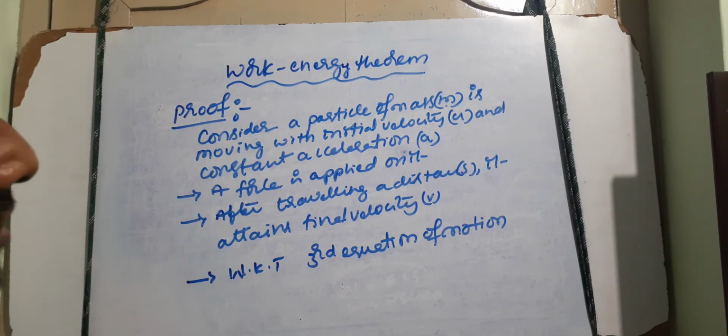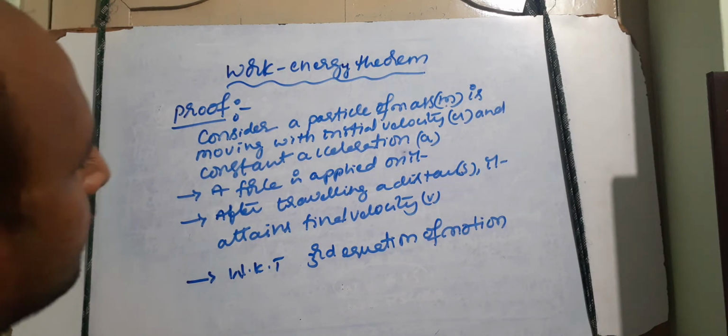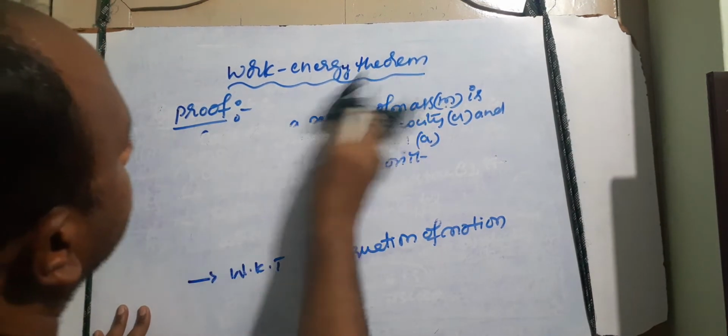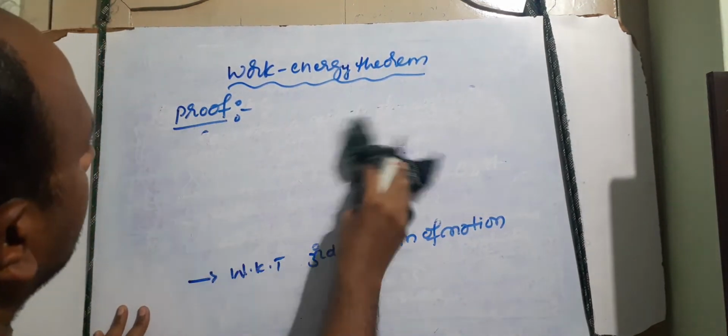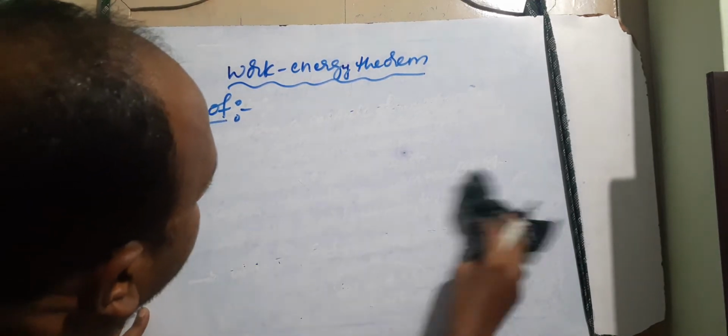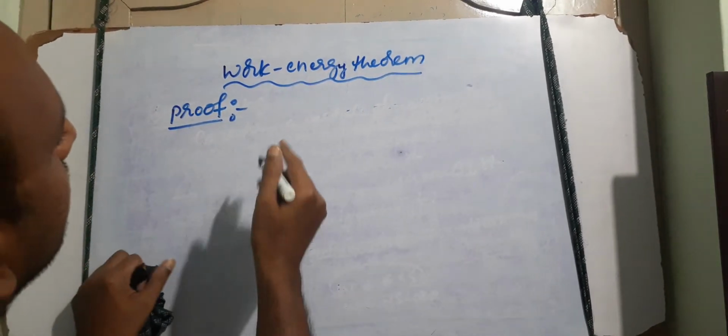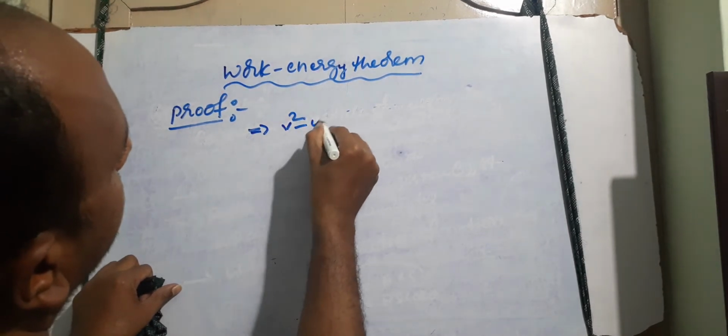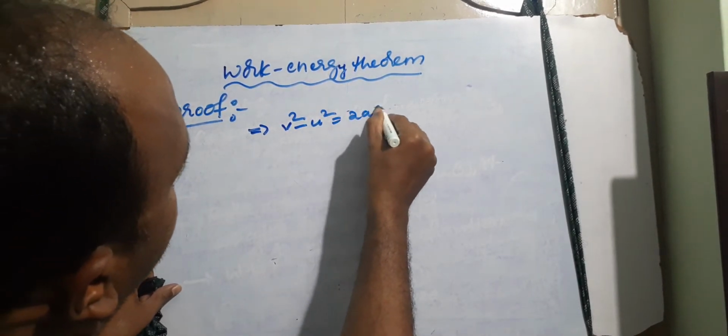Now we are taking the third equation of motion, children. So we are writing v square minus u square is equal to 2as.